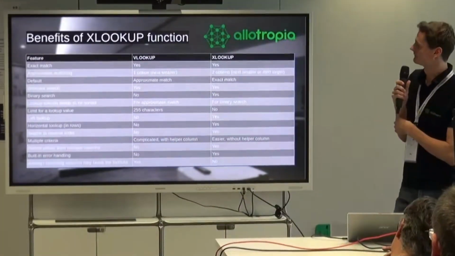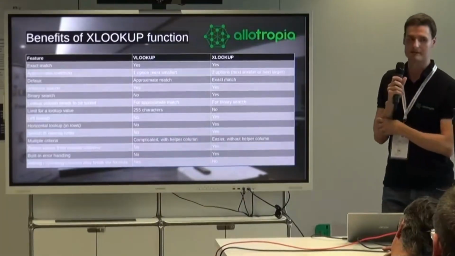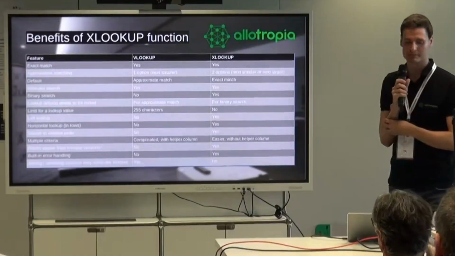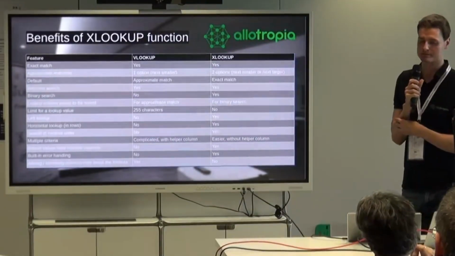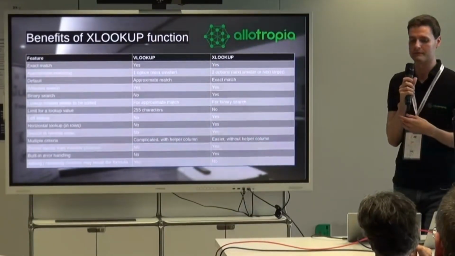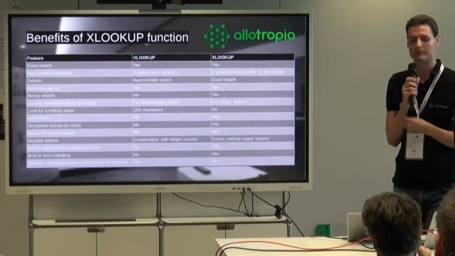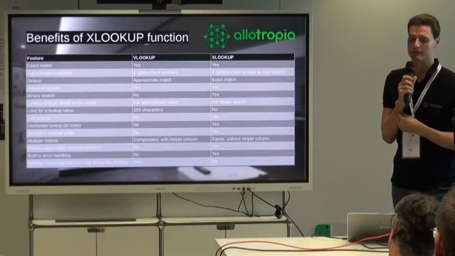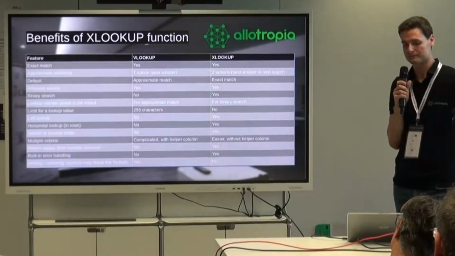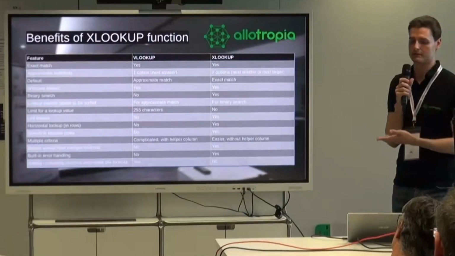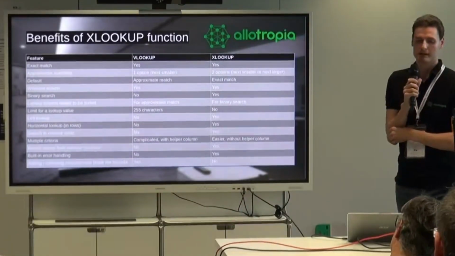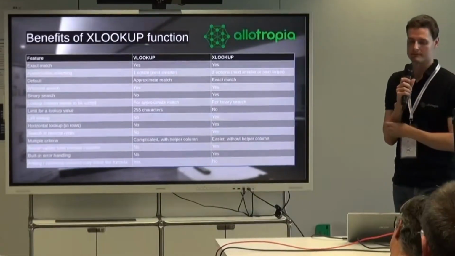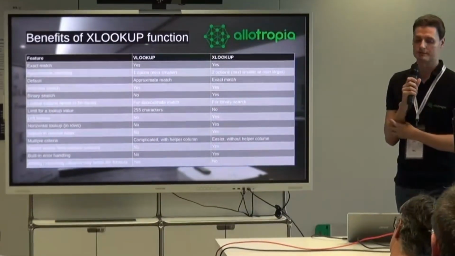There is some comparison. I hope it's visible, but maybe not. So between the lookup functions and the XLookup function, some of the most common benefits are that we can use XLookup for searching to the left and to the right of the lookup value and returning multiple results. It can search, as I mentioned, in horizontal and vertical mode, and it can find the next larger item and the next smaller item as well, also in reverse search mode.